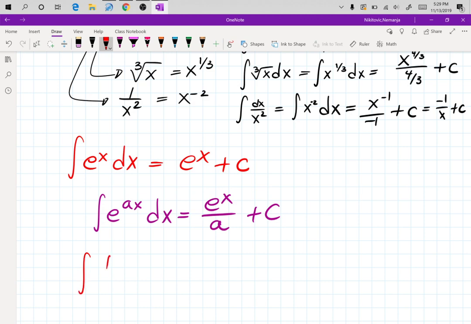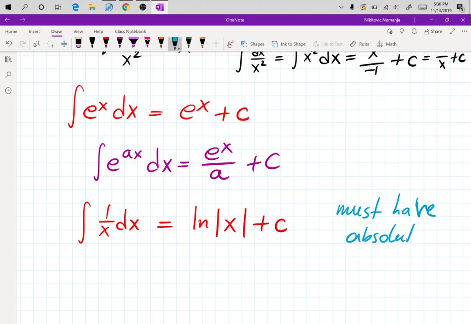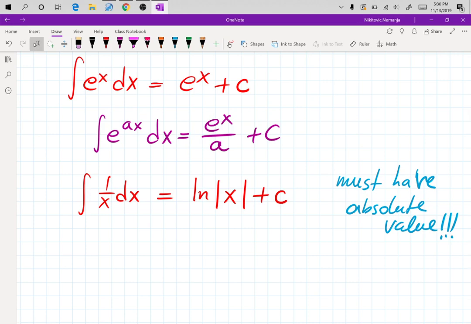Another integral, 1 over x dx, is ln of absolute x plus c. All right, so absolute value is not here for decoration. I'll put it in blue. Must have absolute value. Absolutely critical.